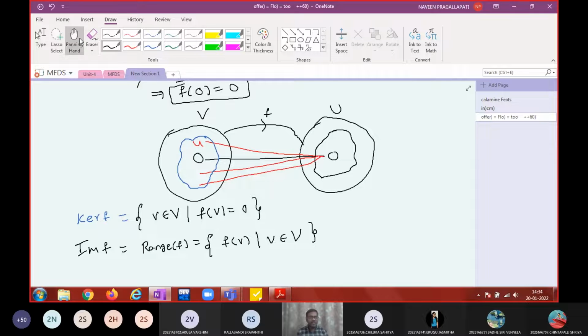Are these two definitions clear? Kernel f is a subset of V. Image f is a subset of U. Image f is nothing but the range.